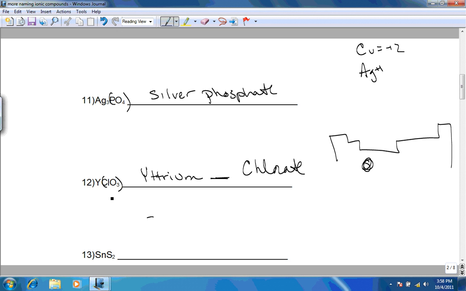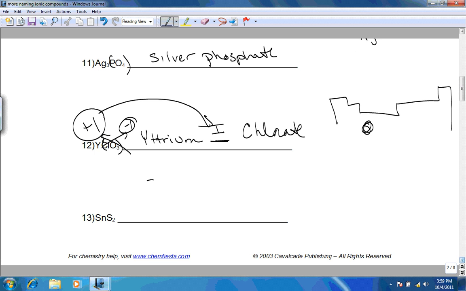I'm going to keep those in parentheses, so when I uncross it, that becomes a -1 and that becomes a +1. Notice I did not cross that 3, because that 3 is part of chlorate. And if you look up the polyatomic chlorate, you will notice that it's supposed to be a -1, which means that it was not reduced, which means that the yttrium is actually a +1. So I have a Roman numeral 1 there.